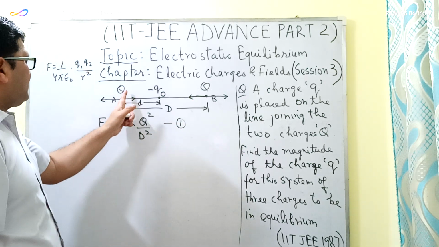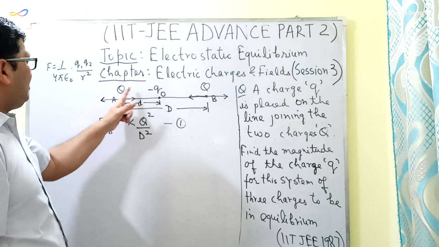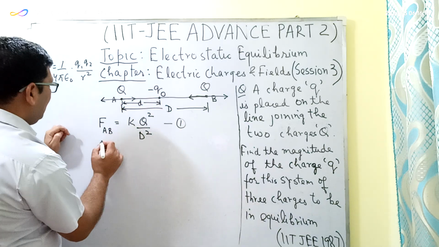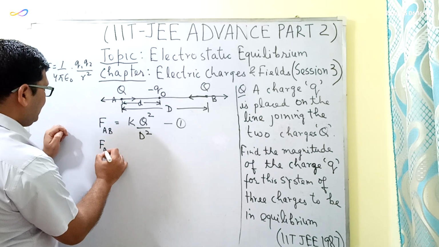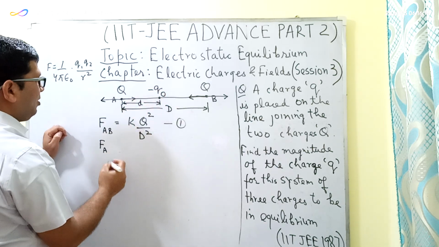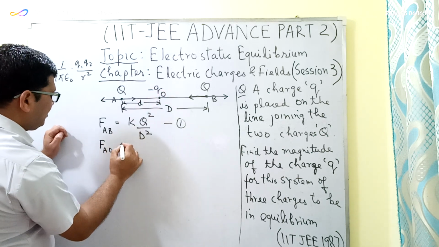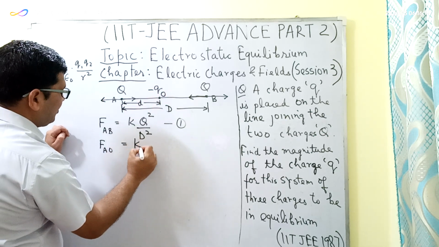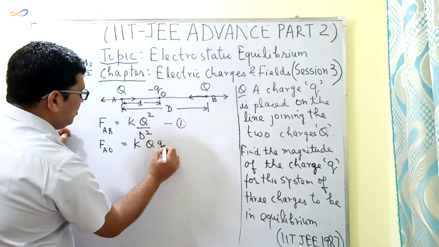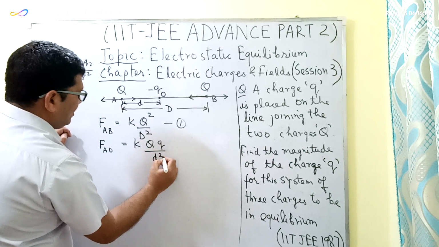Now the distance between this charge, small q, and this charge capital Q which is placed at A is small d. So the force on this charge which is placed at A due to this charge small q which is placed at O, I am just denoting as F_AO, this will be equal to K Q q upon d square.